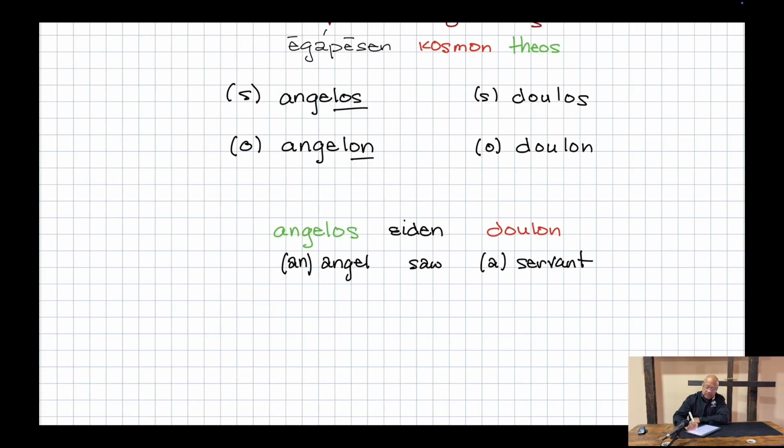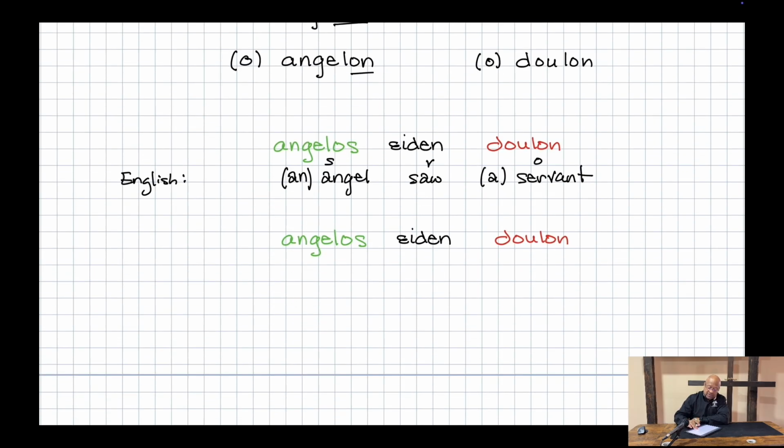All right, so this is my English translation, and I still have subject, verb, and object here. But as far as my Greek sentence is concerned, I can move these words around, that is, angel and servant, as long as I do not change the spelling.